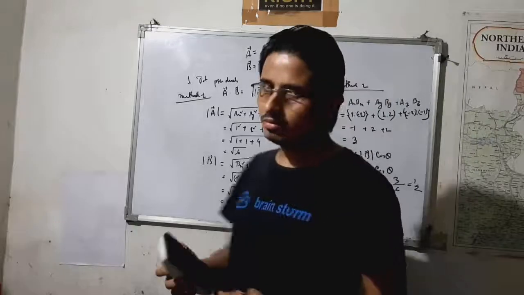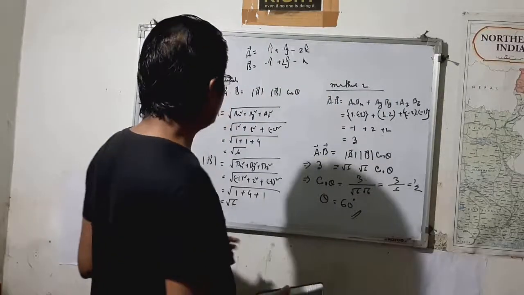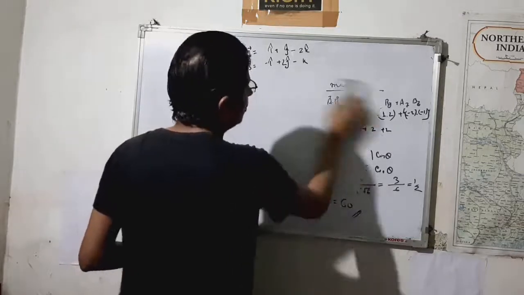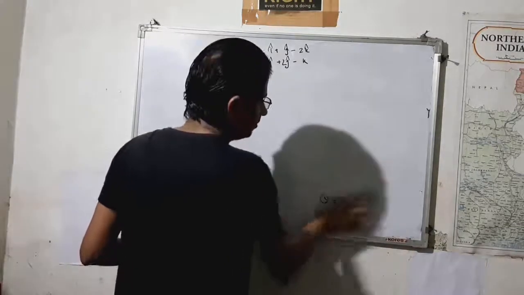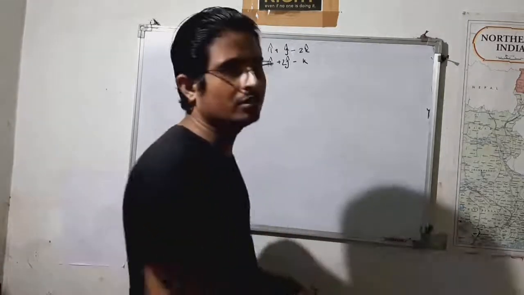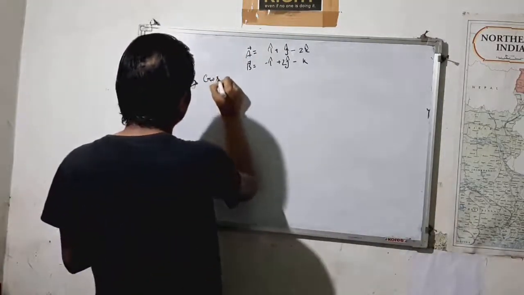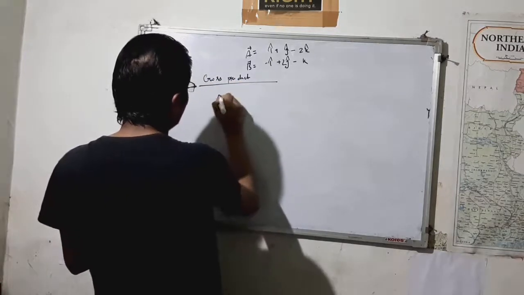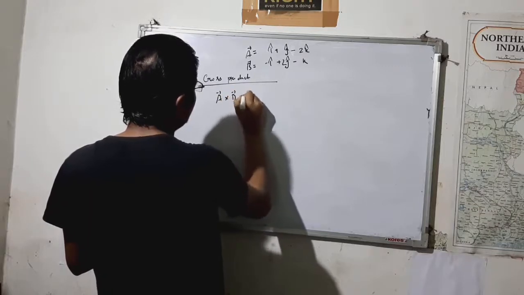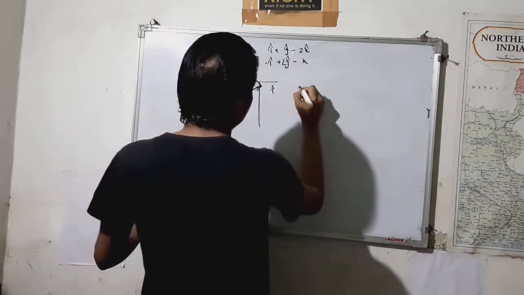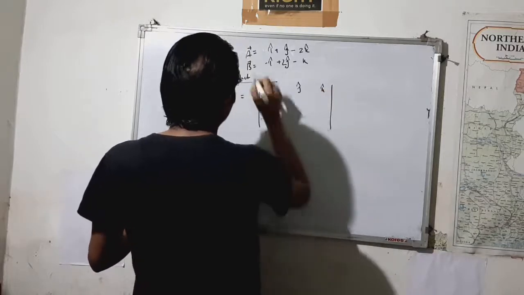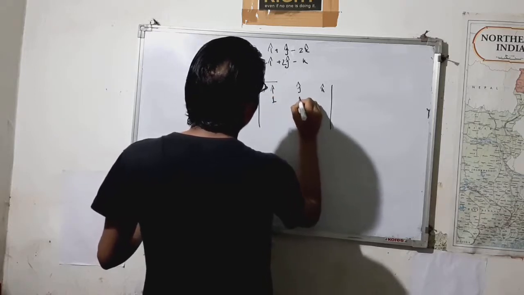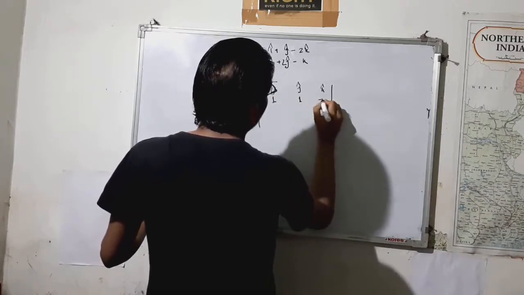Now we will calculate the cross product of two vectors, a cross b. We know that we have to write it in the determinant form i, j, k. Here for a, the x component is 1, the y component is 1, and the z component is minus 2.